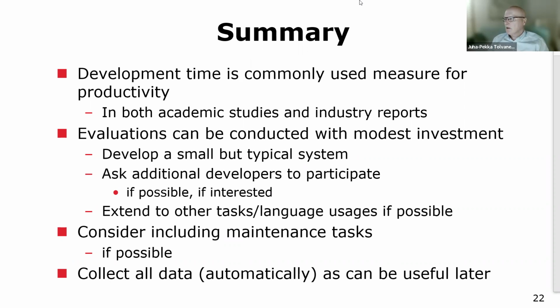But I haven't seen papers which say that we build a DSL and now we are slower. Maybe they are, but I'm not aware of that. But it would be interesting to see why.